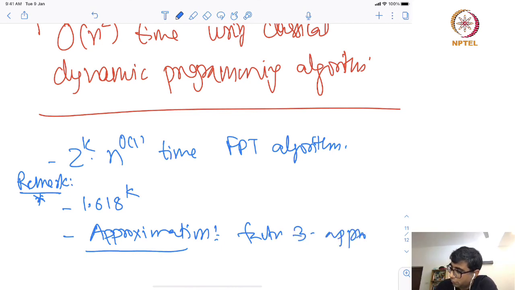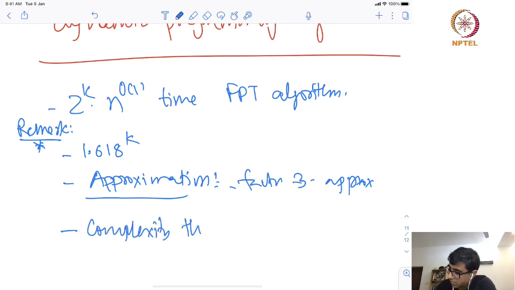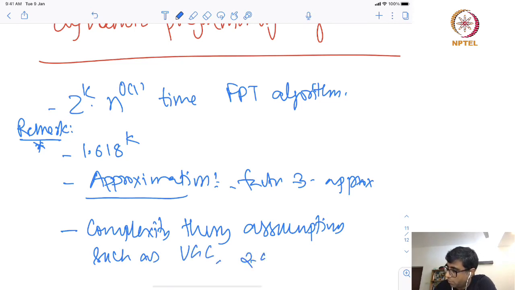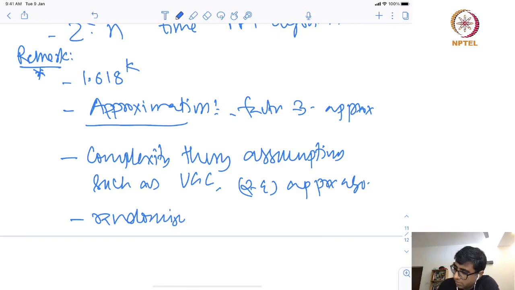It can also be proved, under complexity assumptions such as the unique games conjecture, that you cannot have a 2 minus epsilon approximation algorithm. And only recently, in 2020, a randomized factor 2 approximation was given.